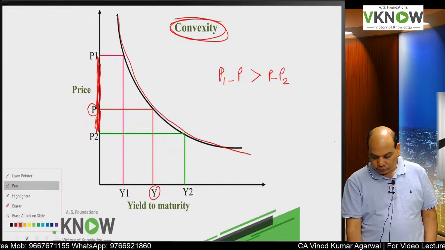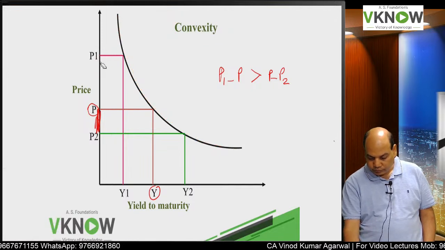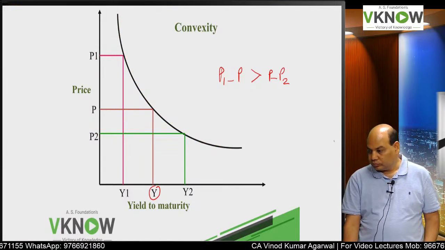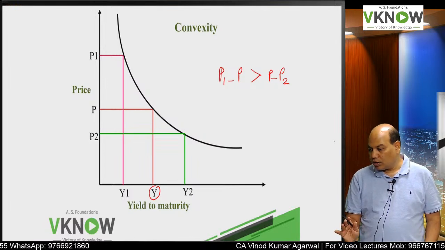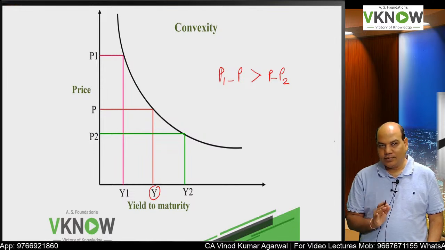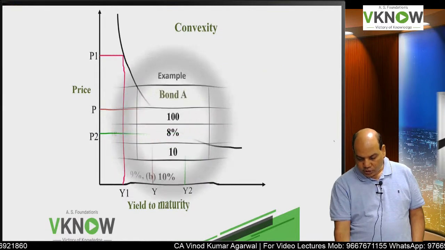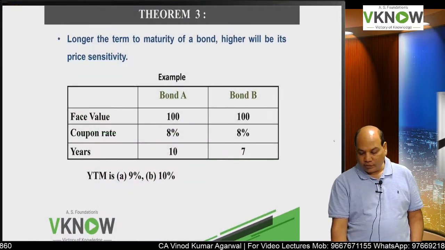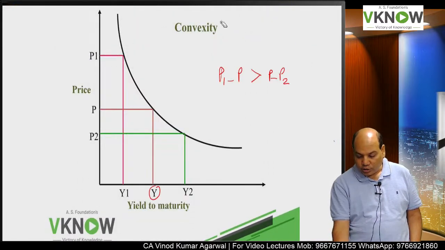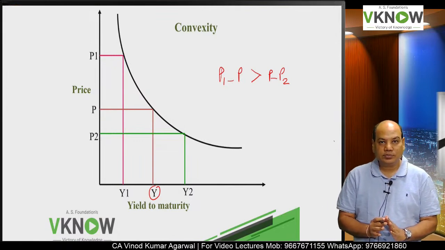Okay. So I am sure you have drawn the diagram. Have you drawn the diagram? Have you understood? Say yes. Okay. So this property of the bond is called convexity. How to calculate convexity is also a part of our syllabus.